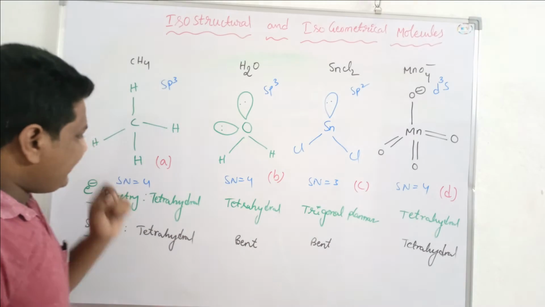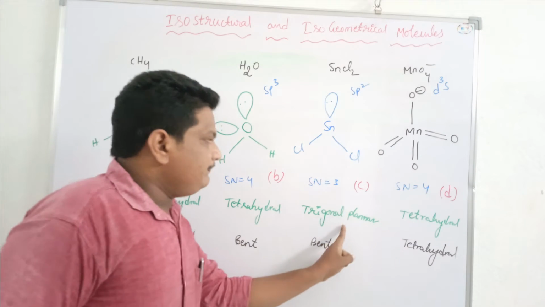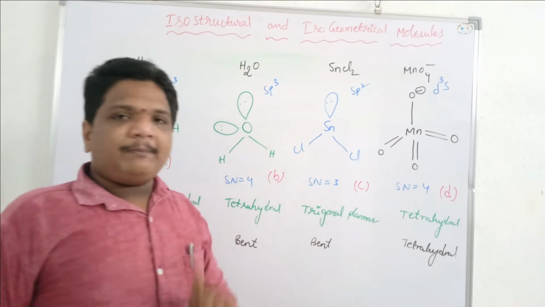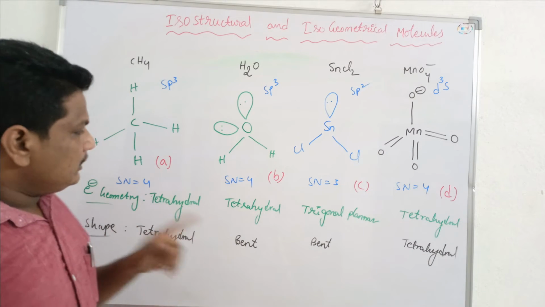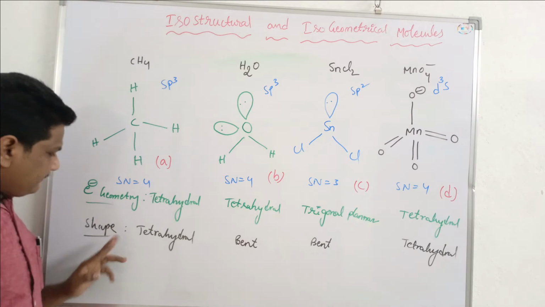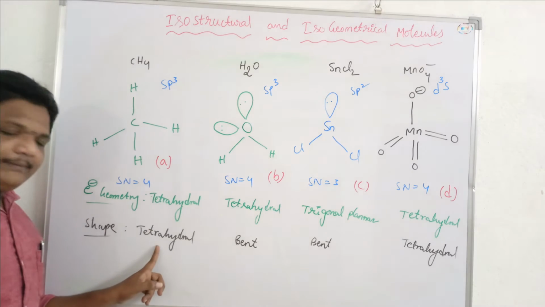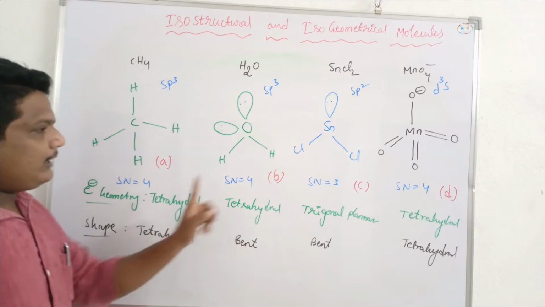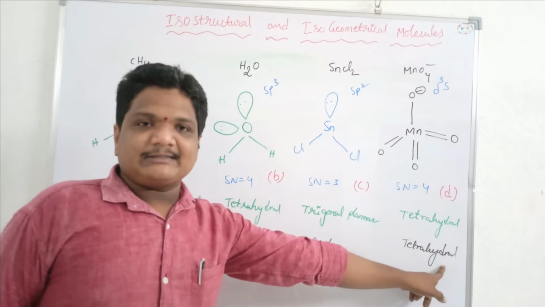Whereas molecule C has trigonal planar geometry, so it is not the same as tetrahedral. Now in the case of shape, molecule A, that is CH4, has a tetrahedral structure, and MnO4 minus also has a tetrahedral structure.